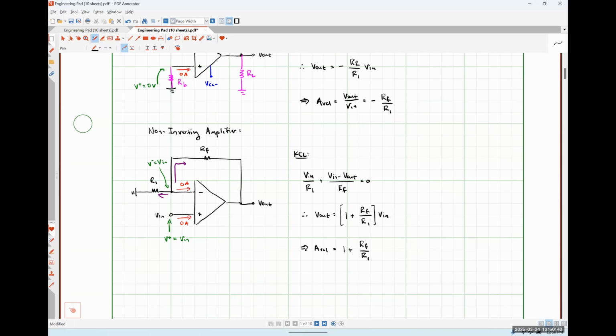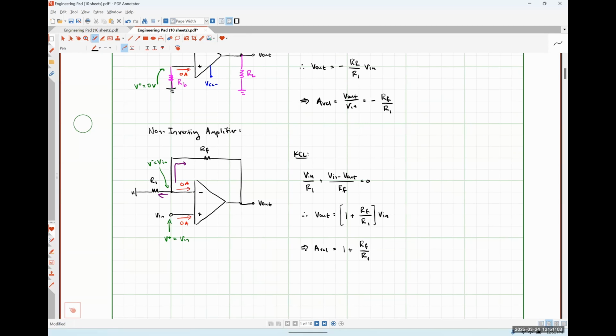This type of circuit is exactly what we analyzed in our last class meeting, where I had a feedback resistance of 10 kiloohms and an R1 value of 5 kiloohms. And so we wound up getting a gain of 1 plus 10 over 5 is 3, right? So we've already seen this guy before, okay?